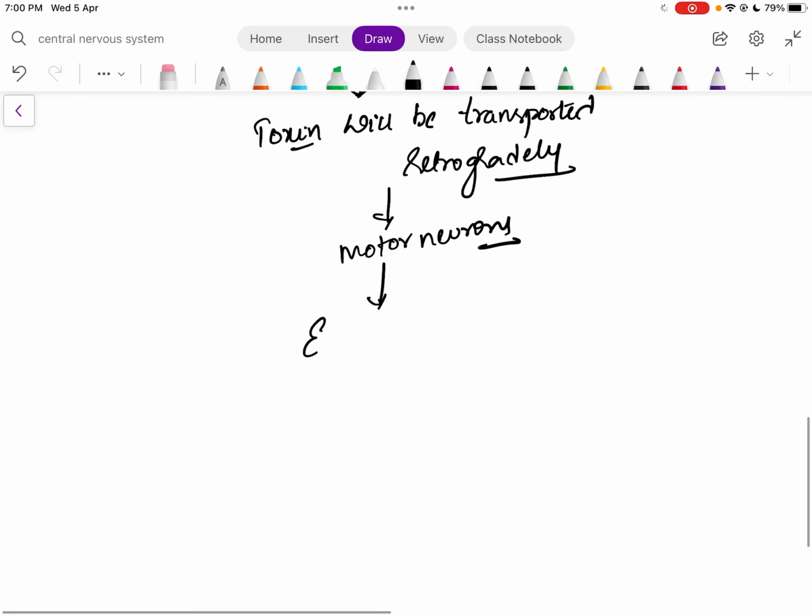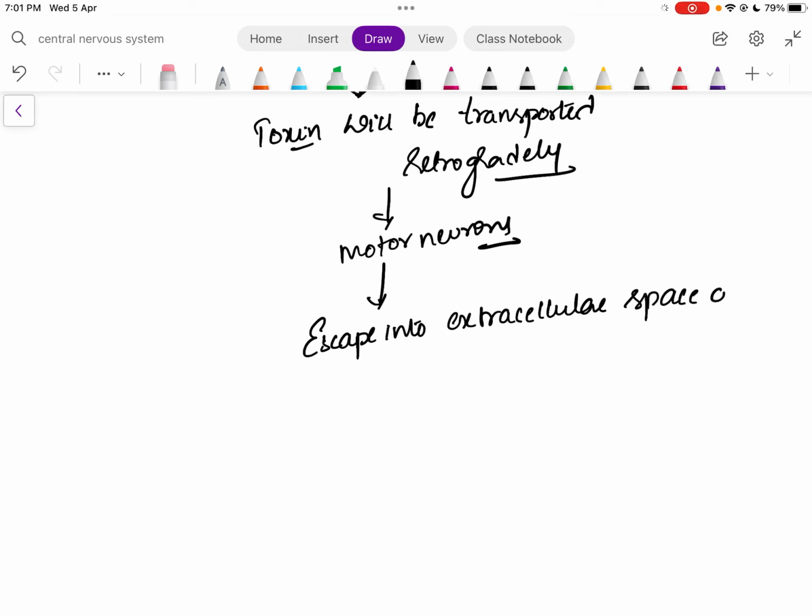And from motor neurons, they escape into the extracellular space of the spinal cord.